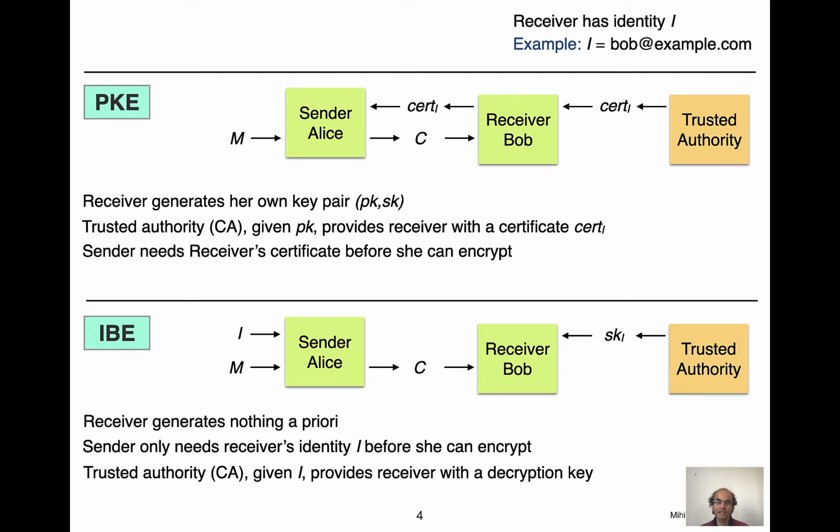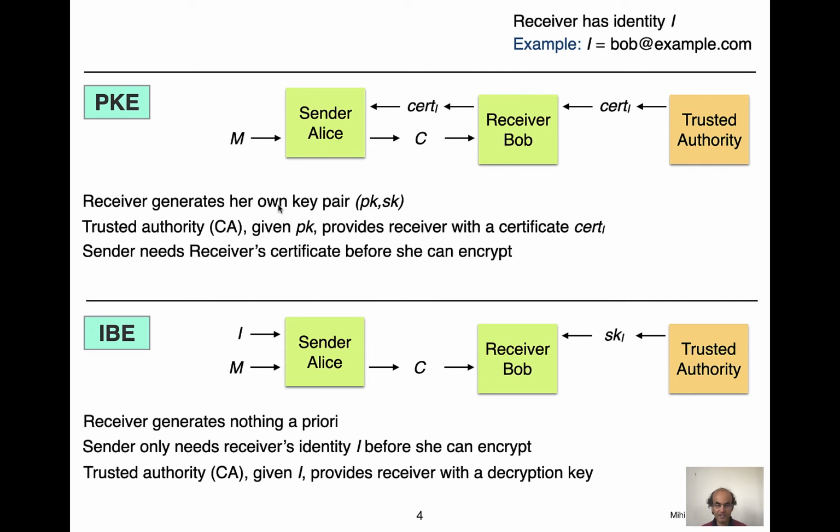From that certificate, she extracts Bob's public key, and then she can perform the encryption, produce a ciphertext which gets sent to the receiver Bob, and using the secret key associated with the public key, Bob can decrypt. In order to provide that certificate, we needed a trusted certificate authority. So the process would begin with Bob contacting the CA, getting a cert, then sending the cert to Alice, and now Alice can start encrypting.